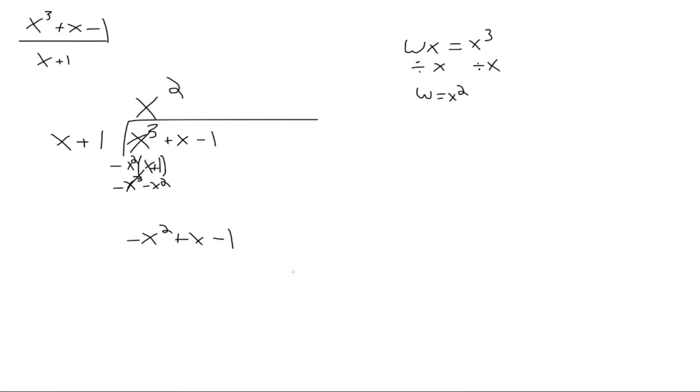And now, if we subtract w times x plus 1 to get rid of this x squared, let's try it. wx has to equal minus x squared, so it's minus x times x plus 1.